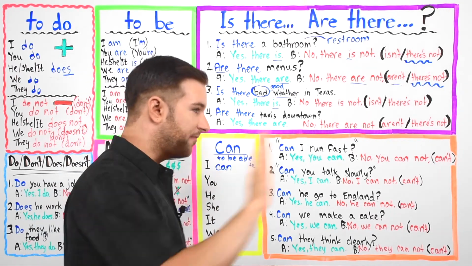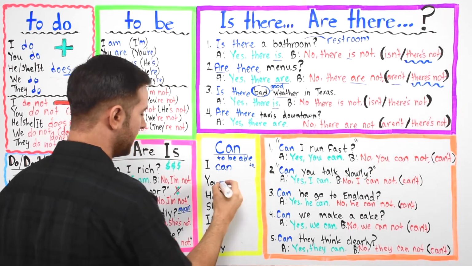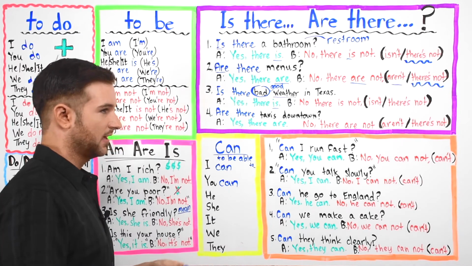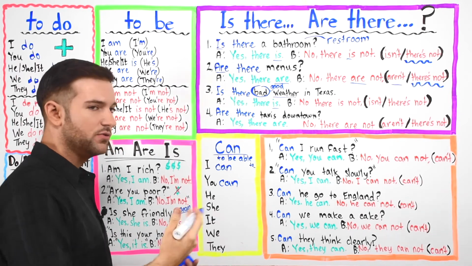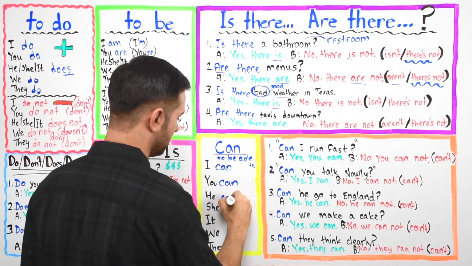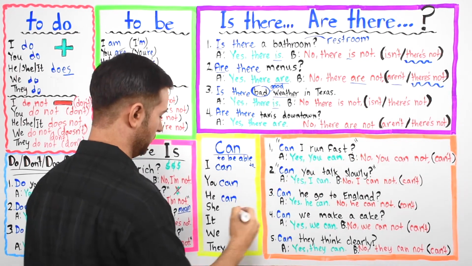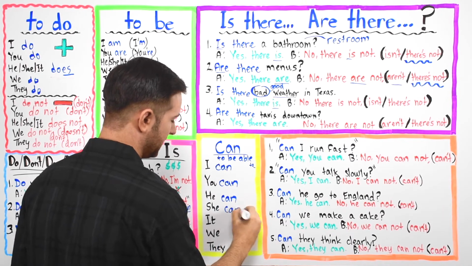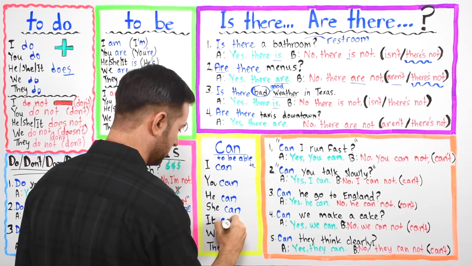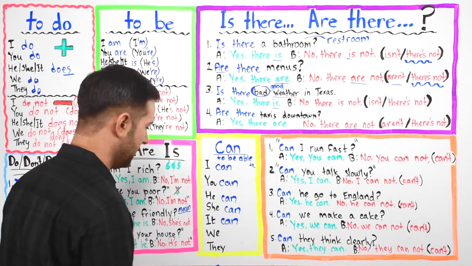I can run fast. You can sing, fa la la la. You can do whatever you want. You can dance. He can go, or she can eat. It can work.